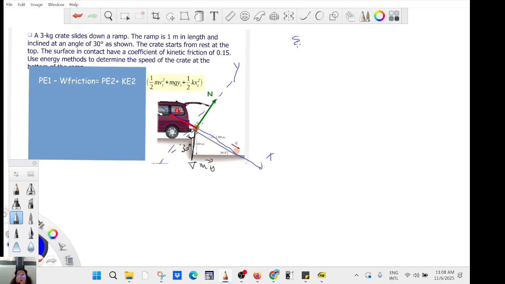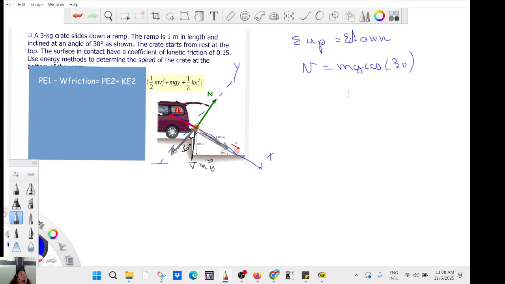Okay, so along the y, you have everything up equals everything down. So down, you're going to have the component of the weight that I told you to memorize. Anyway, up equals down. My point is that normal force equals mg cosine 30.